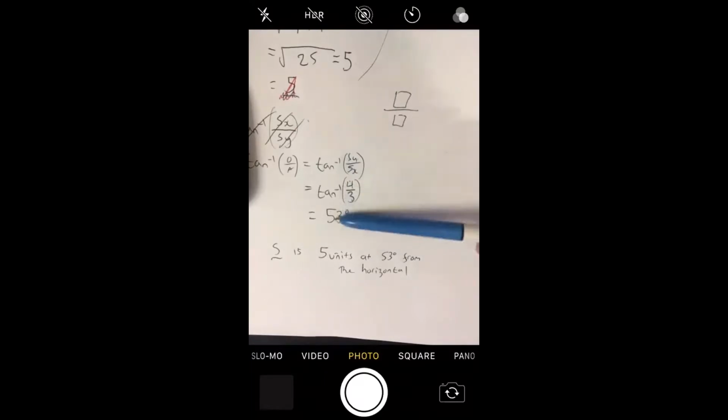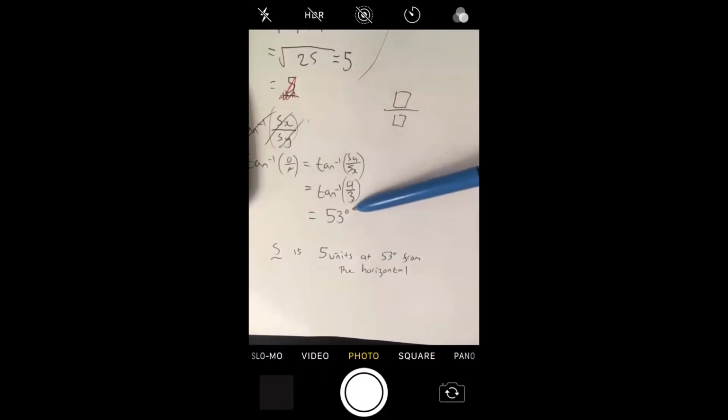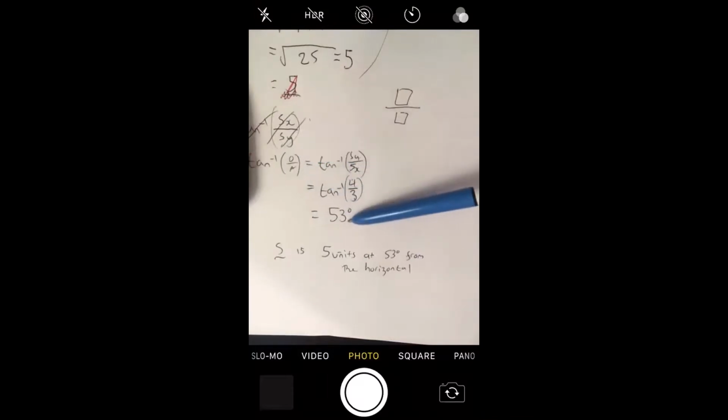If you made this mistake that I just did, you would have got an answer of 27 degrees. If you wrote down 27 degrees, you get 0 marks, because it's completely wrong. If you write down this working and you write down 27 degrees, you get 1 mark, because even though you got the wrong answer, at least you showed me the right working.